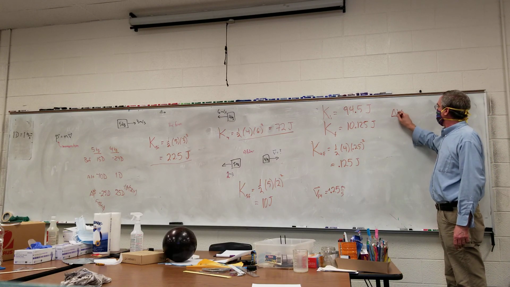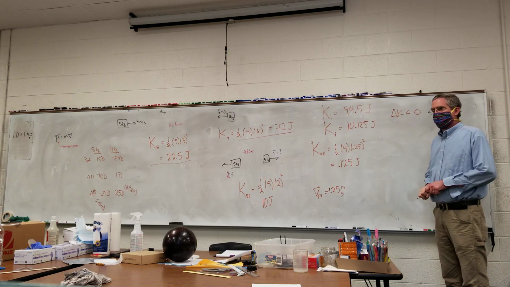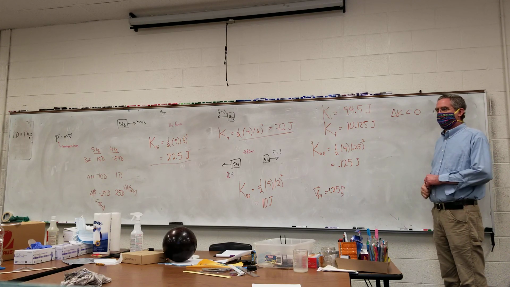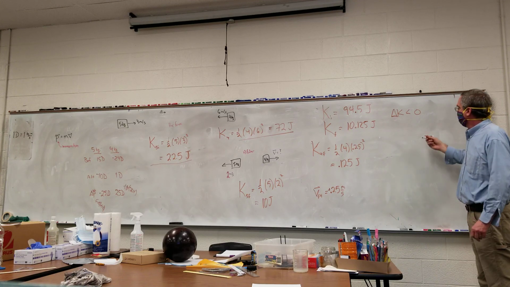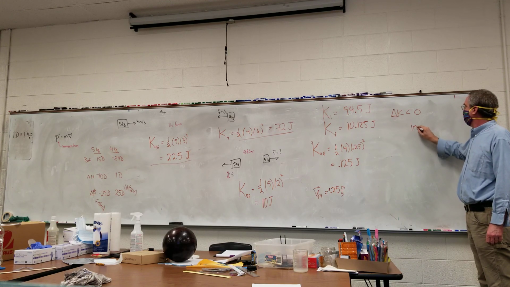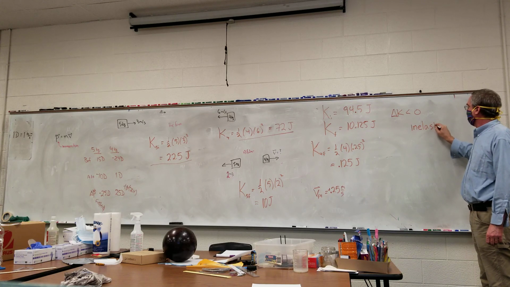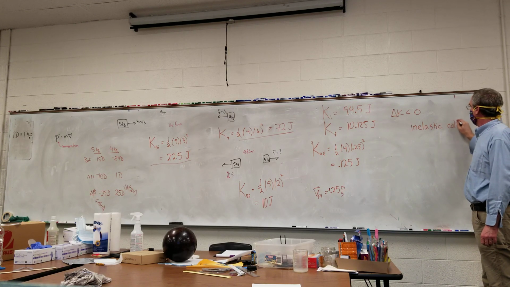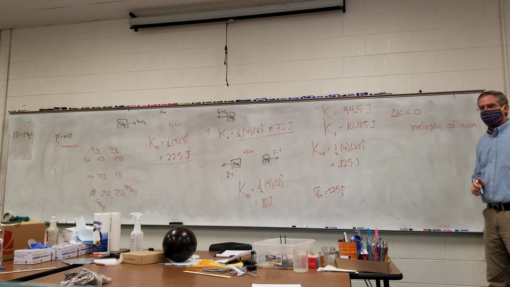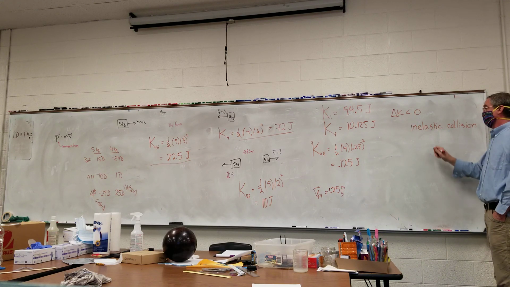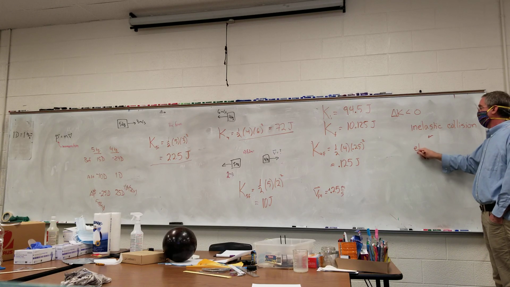The change in kinetic energy is less than 0. This has a special name, of course. This is called an inelastic collision. Or, just to confuse things, an elastic collision.